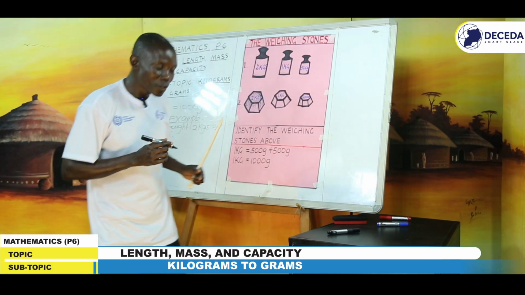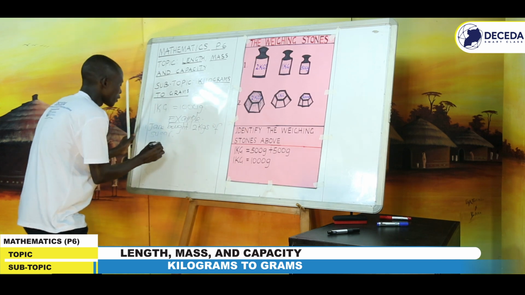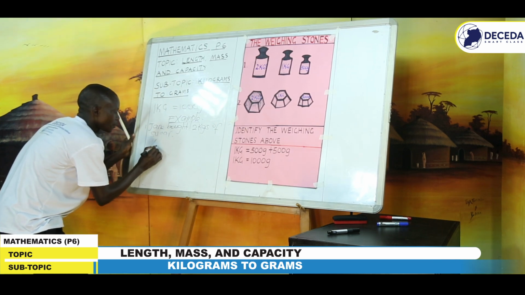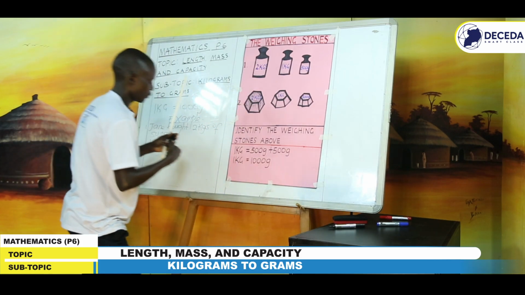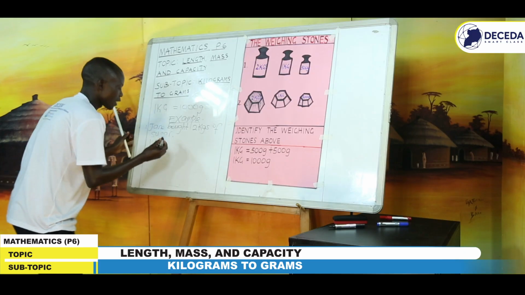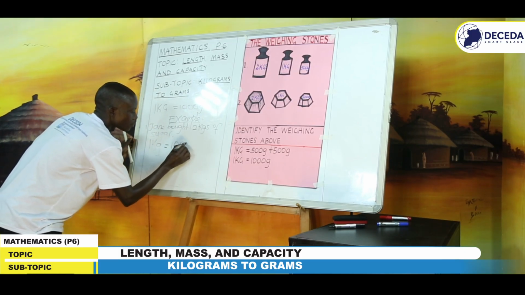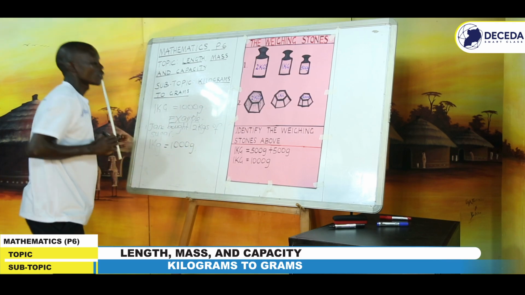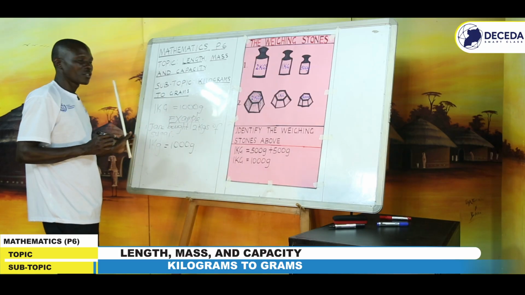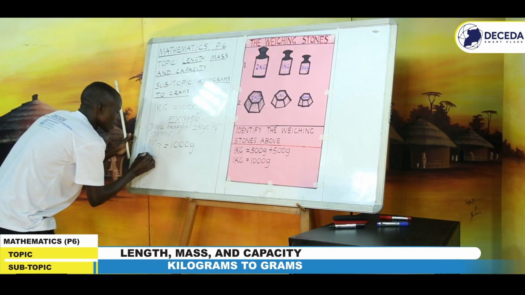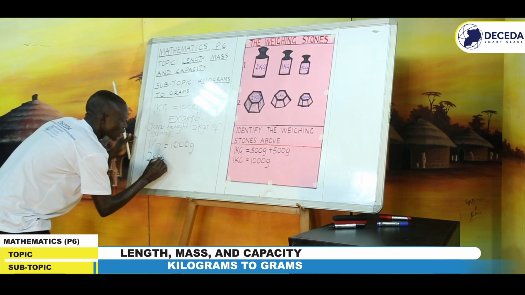So what we shall do, we shall have, since we already know that 1 kilogram is the same as 1,000 grams.